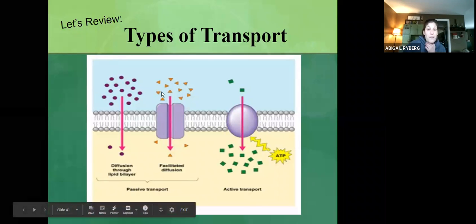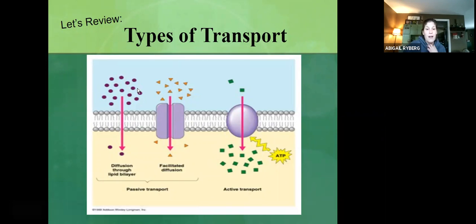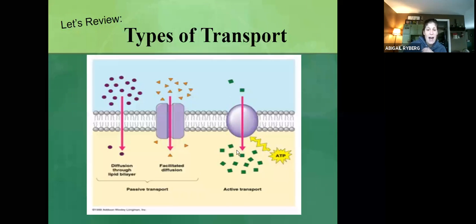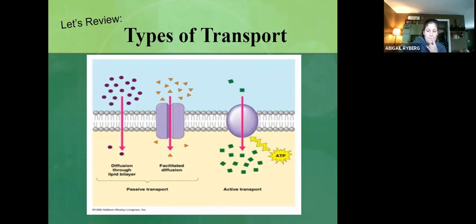Look at both of these molecules here are moving from an area of high concentration to low, right? So that does not require energy. Active transport here on the right does require an input of energy in the form of ATP. And notice that the molecules are going from an area of low concentration to high, which is odd, and is going to require that energy.